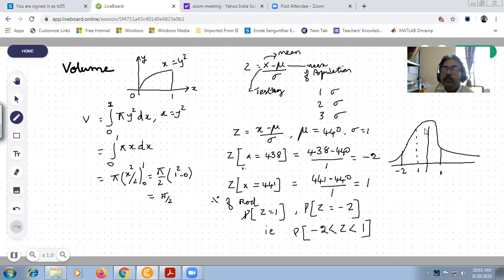This area is 1 sigma and this is 2 sigma. You have to keep in mind the 1 sigma.